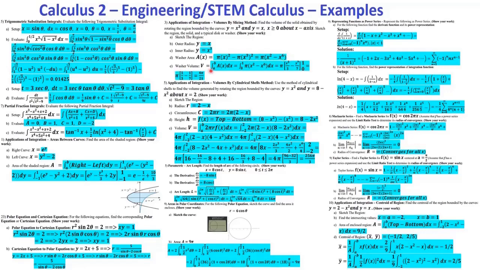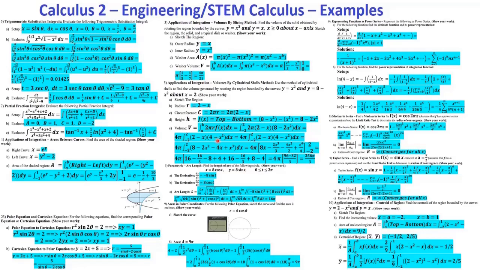Then the washer volume is the integral from a to b of A(x) dx. You integrate this, so that's from 0 to 1 of pi (x squared minus x to the 6) dx, which is pi times (x cubed over 3 minus x to the 7 over 7). You integrate this, you will get 4 pi over 21. So that's the volume between these two curves.